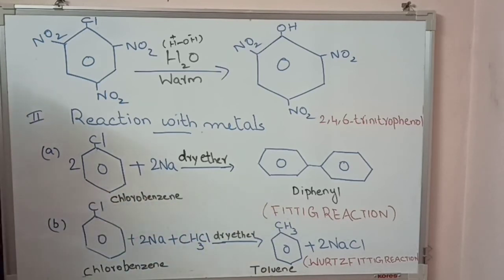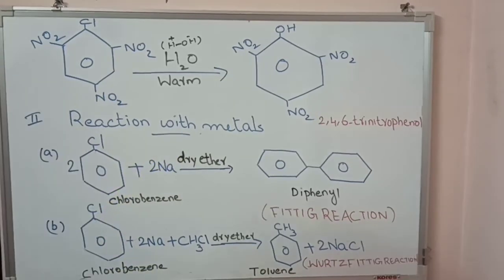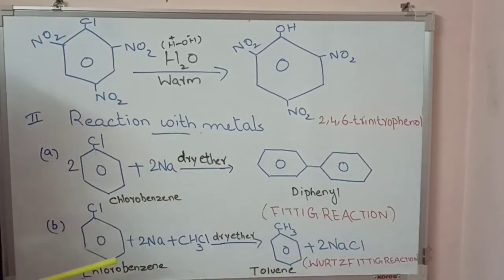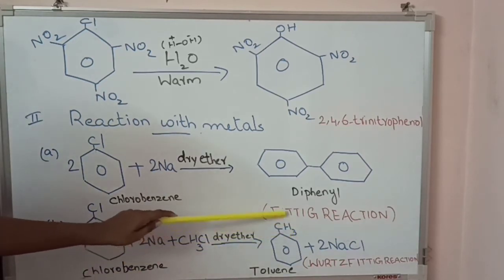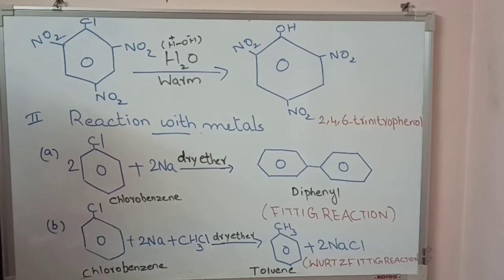So Fittig reaction is the reaction of haloarene with metallic sodium in presence of dry ether. On treating 1 molecule of haloarene and 1 molecule of haloalkane with metallic sodium in presence of dry ether, then you will get alkyl benzene and the byproduct NaX.